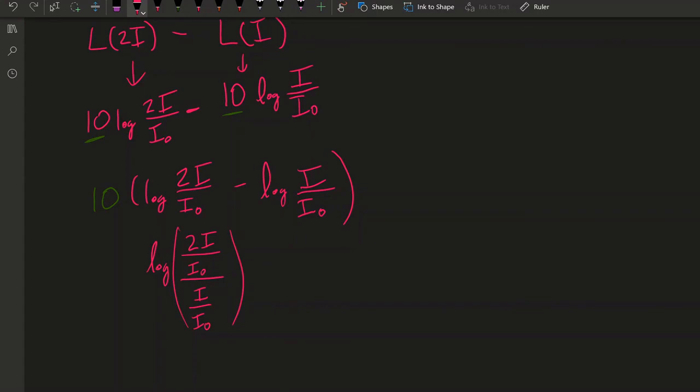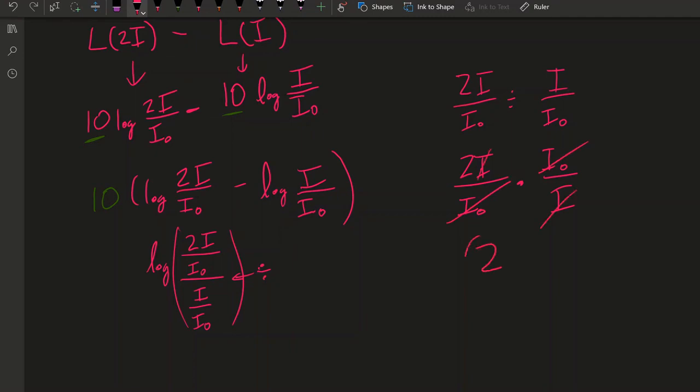Now, simplifying this, thinking of this as a division sign right here, I remember from elementary school, 2I over I naught divided by I over I naught would be the same thing as 2I over I naught times I naught over I. So the I's and the I naughts would cancel each other out, and I would just be left with a 2.